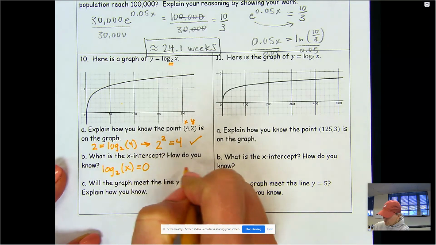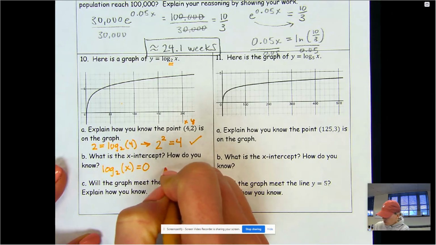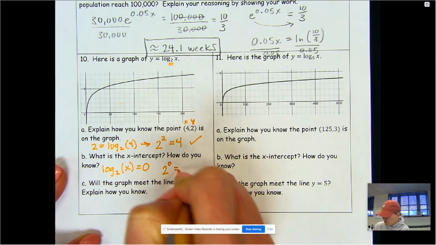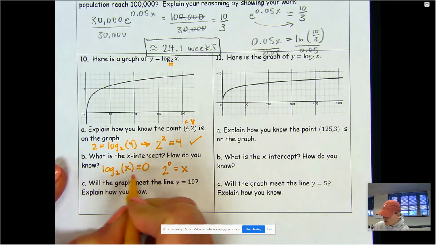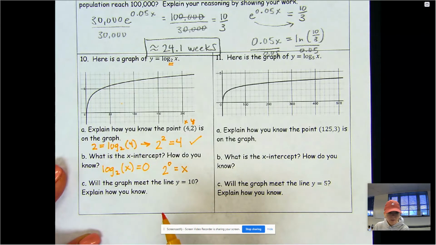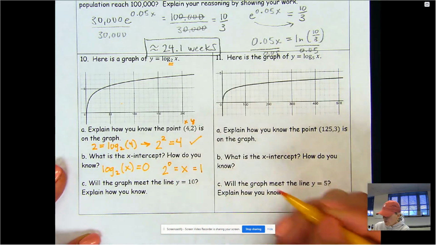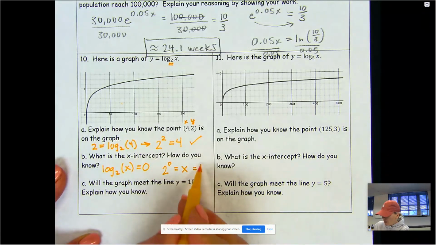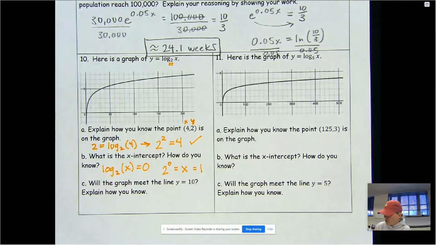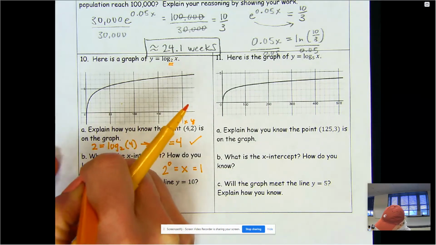If I switch this to exponential form, 2 to the 0 is equal to x. This is our base, this is our exponent. And 2 to the 0 is 1. So x is 1 when y is 0, and the x-intercept is (1, 0).